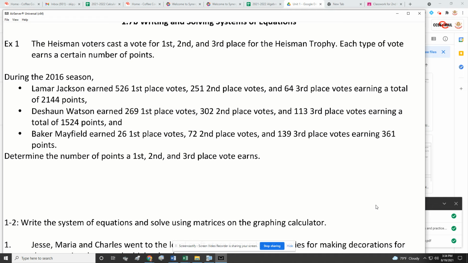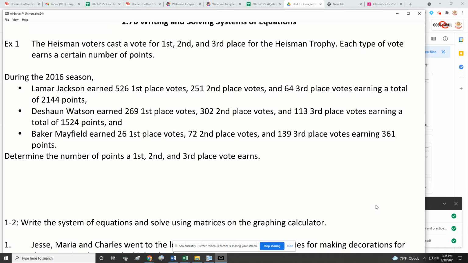Deshaun Watson earned 269 first, 302 second, 113 third, earning a total of 1524. And Baker Mayfield earned 26 first, 72 second, and 139 third place votes, earning a total of 361 points. We're going to determine the number of points a first, second, and third place vote earns.